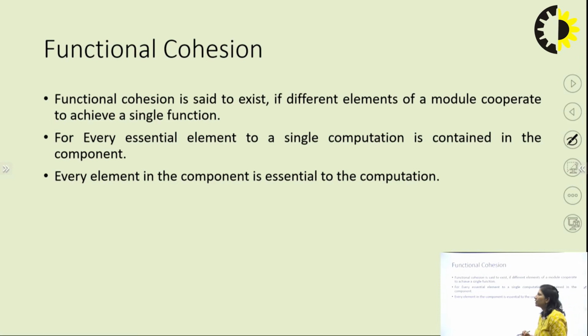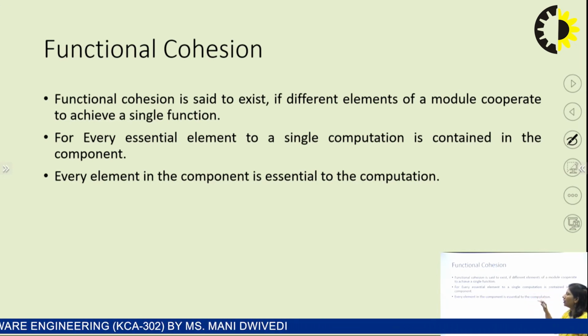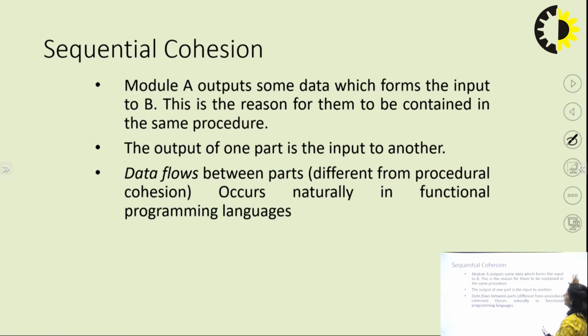Functional cohesion is said to exist if different elements of a module cooperate to achieve a single function. The different elements or parts of a module cooperate with each other to achieve a single function, and every essential element for a single computation is contained in the component. Every element in the component is essential to the component.